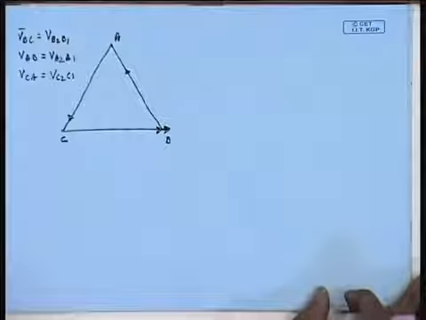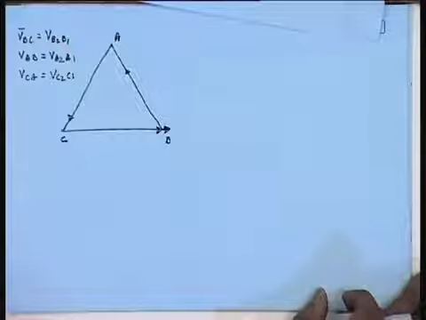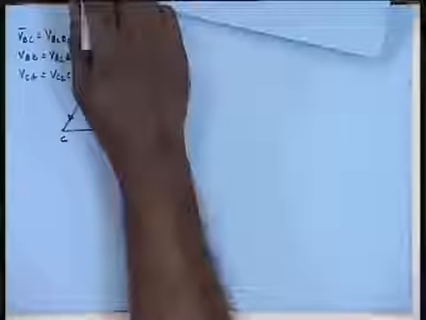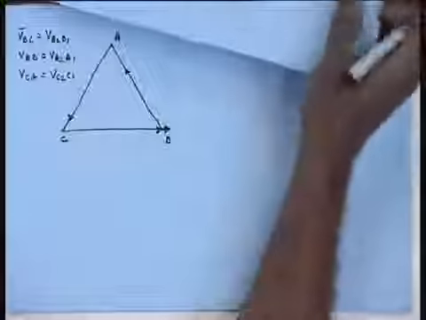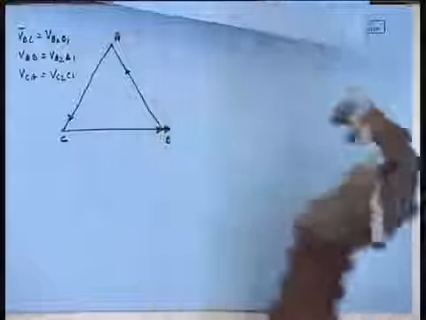Then on the low voltage side, we see that the star point is formed by connecting terminals A2, B2 and C2 together.